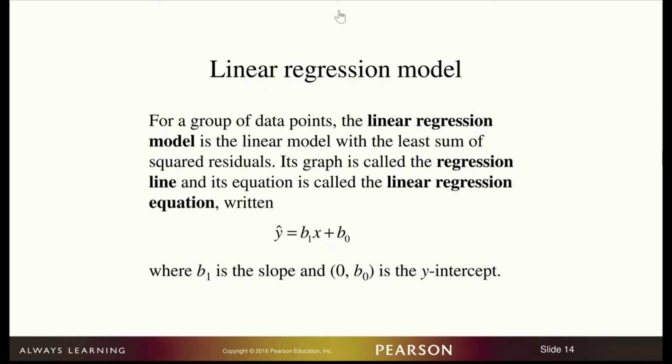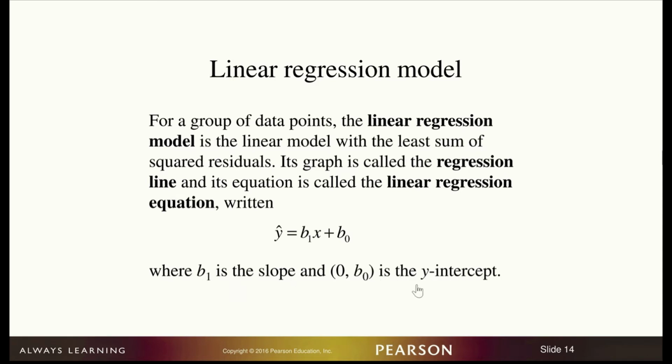We are finally ready to formally define the linear regression model. For a group of data points, the linear regression model is the linear model with the least sum of squared residuals. Its graph is called the regression line, and its equation is called the linear regression equation, which we write in this format: y hat equals b1x plus b0, where b1 is the slope and b0 is the y-intercept.